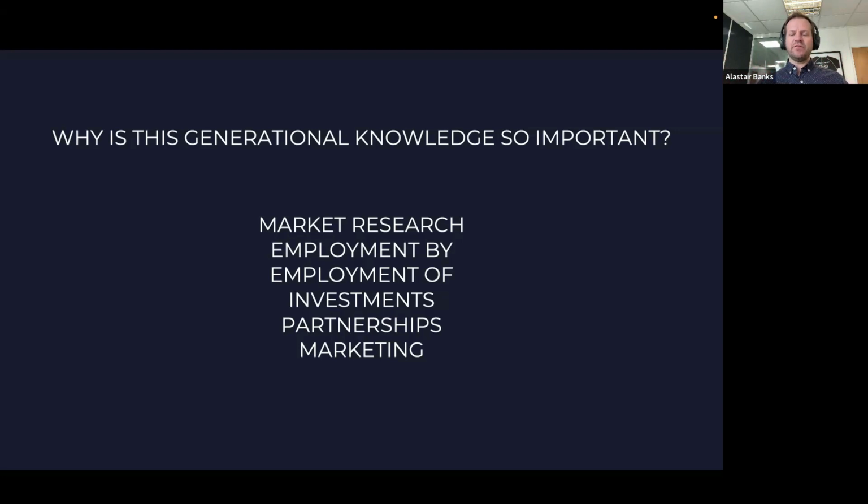If I'm finding an investor for my new technology, and that investor is likely to be in a certain demographic or a certain generation, the way that I find that person, the tools that they're on, the websites that they go to, the social media that they frequent, is going to be different than if they were in a different generation.